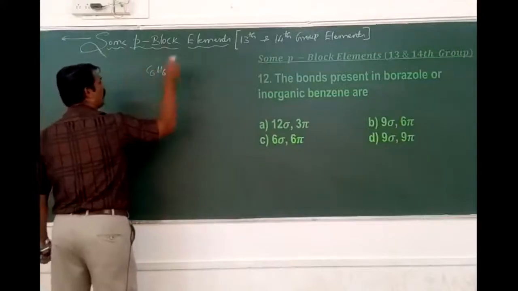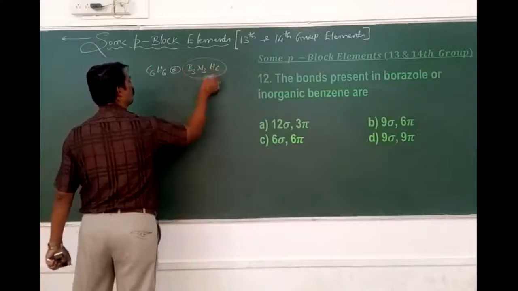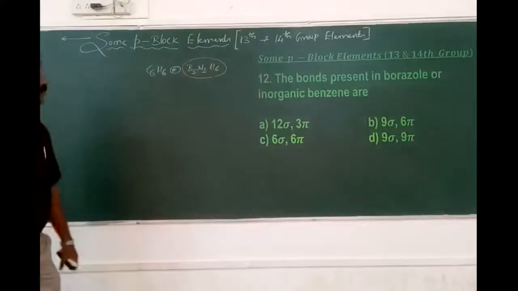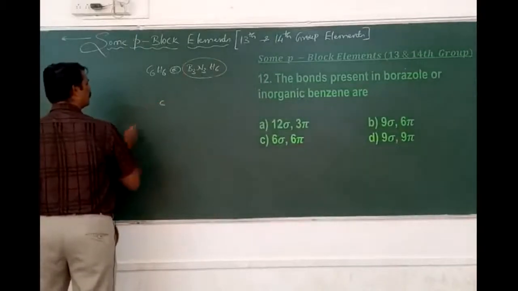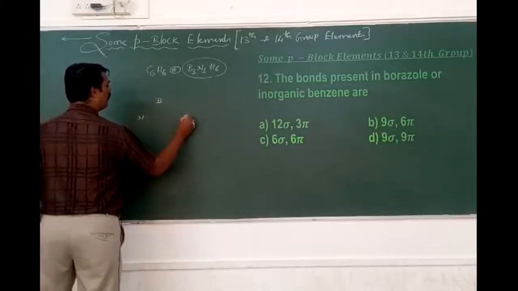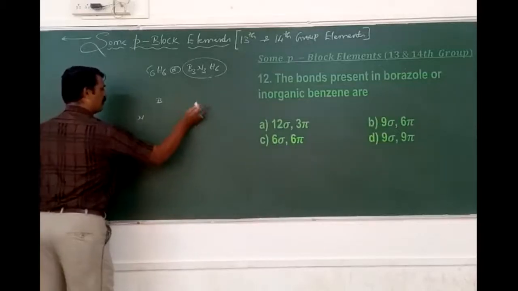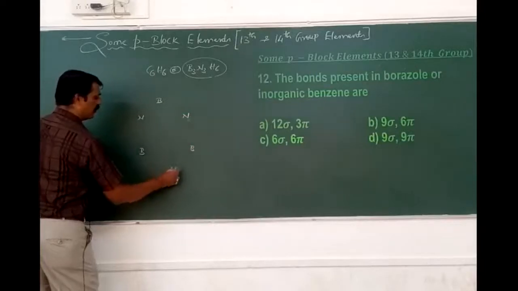So here B3N3H6. This is called as borazine, which is also called as the inorganic benzene. So here alternate we are having the NBBN.